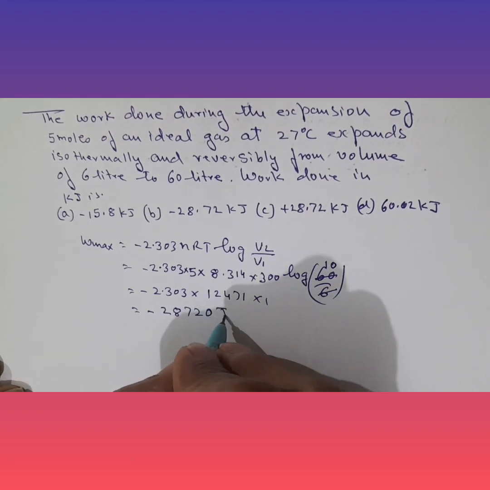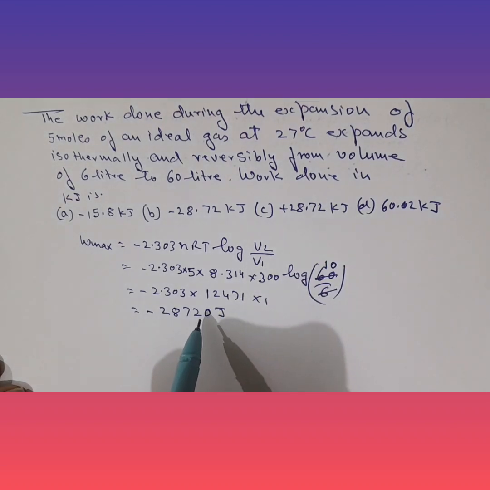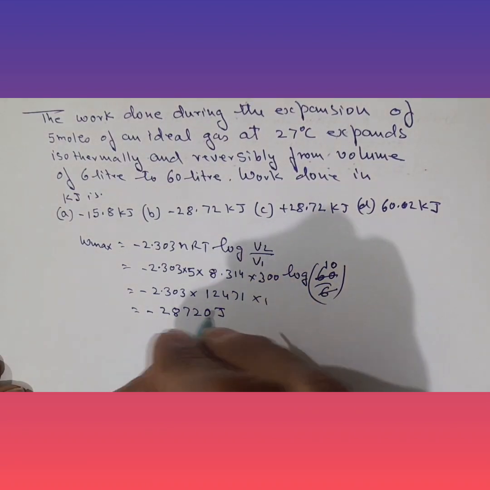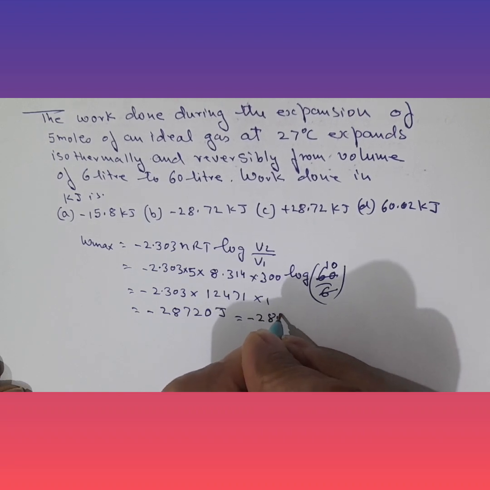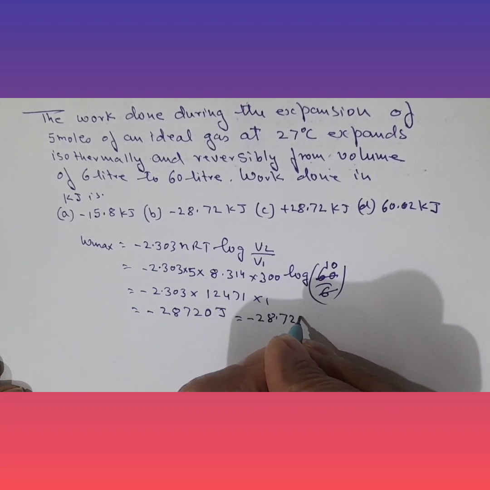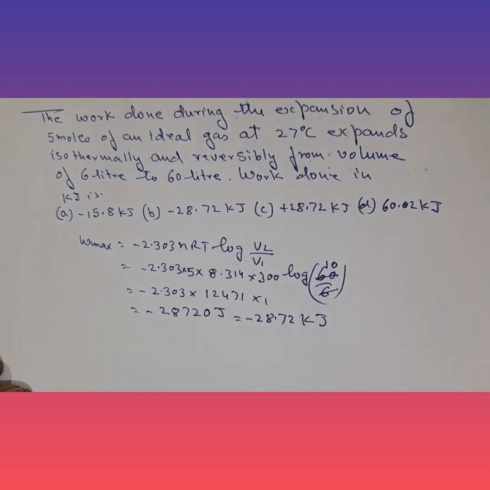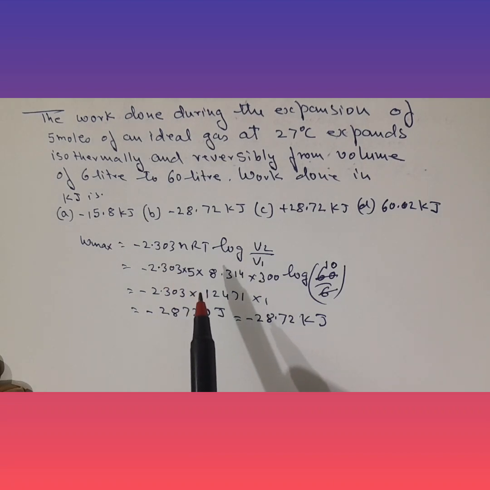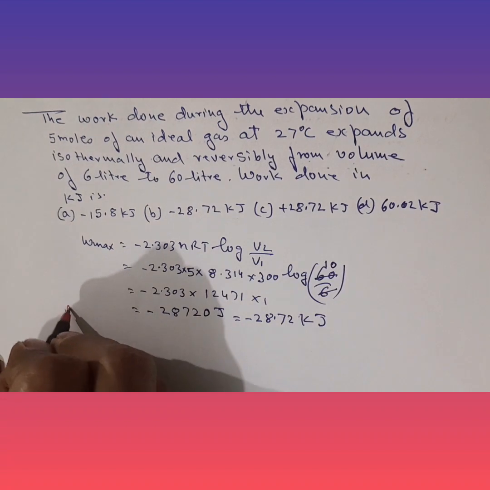This is in joules, but all the answers given are in kilojoules, so obviously we have got to divide it by 1000. So that gets to minus 28.72 kilojoules. So the answer is B.